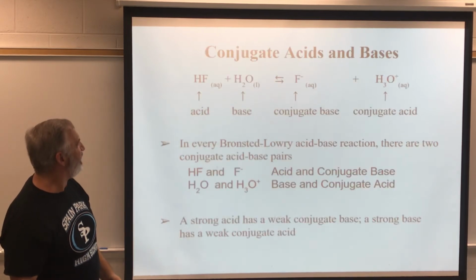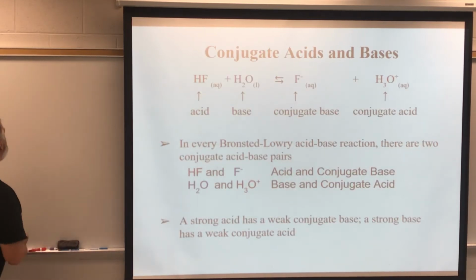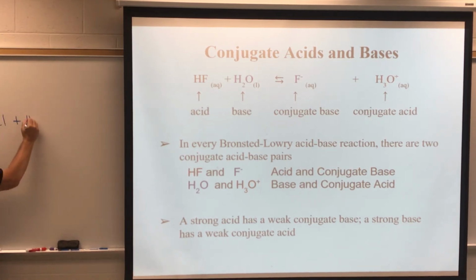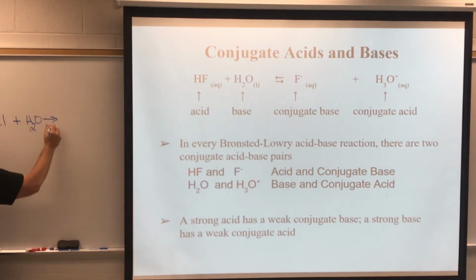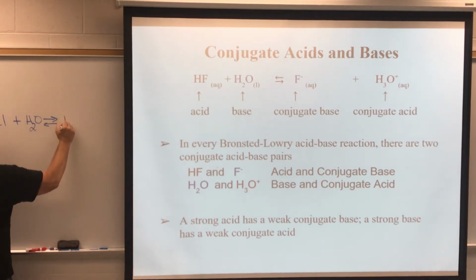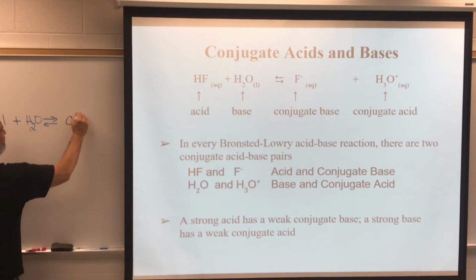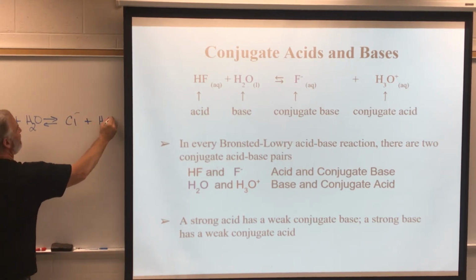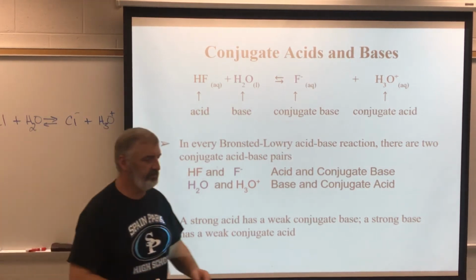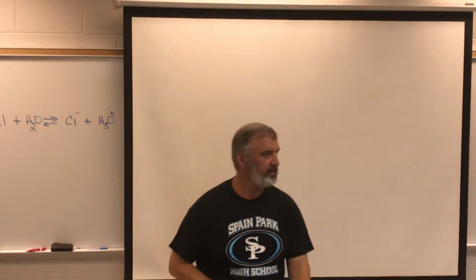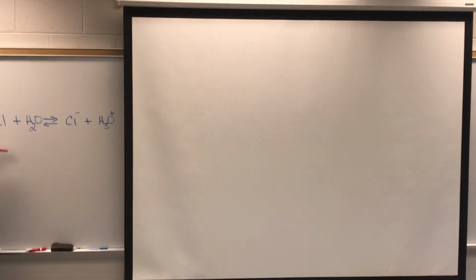Now, if I was to look at HCl plus water goes to Cl minus plus H3O plus. If I'm looking at this reaction right here, we say that 100% of this breaks apart.